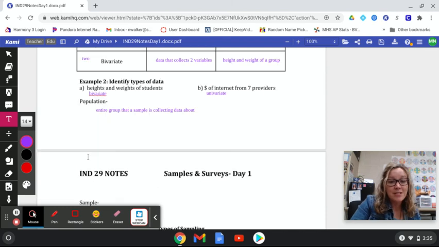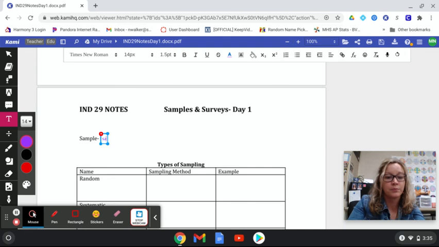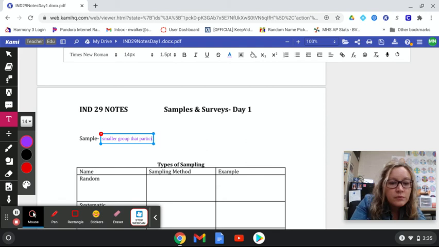So the population is an entire group that you want to collect data about, but the sample is the smaller group that participates in the survey. I can't spell today.